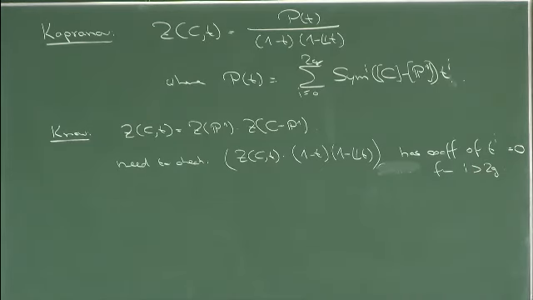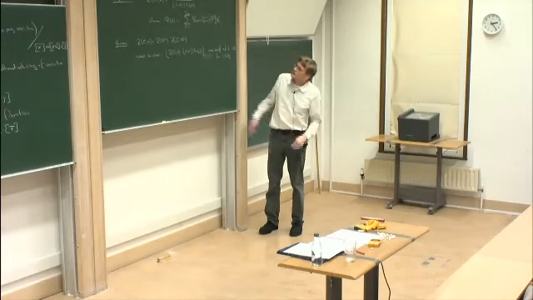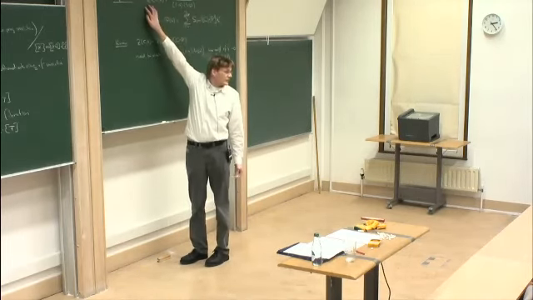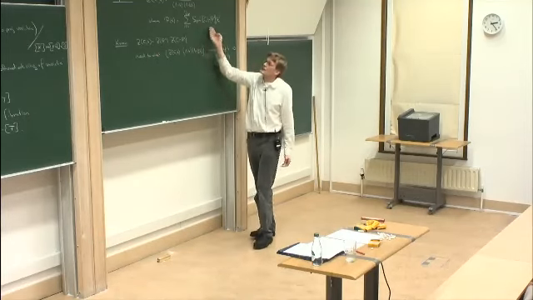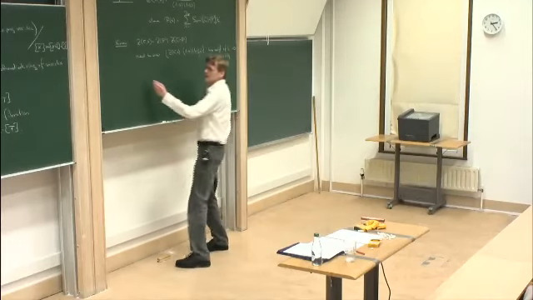That's the only thing you have to check. You just take this to the other side, and then you get this term, and the only thing you have to check is that you actually get a polynomial of degree 2g and not an infinite series.